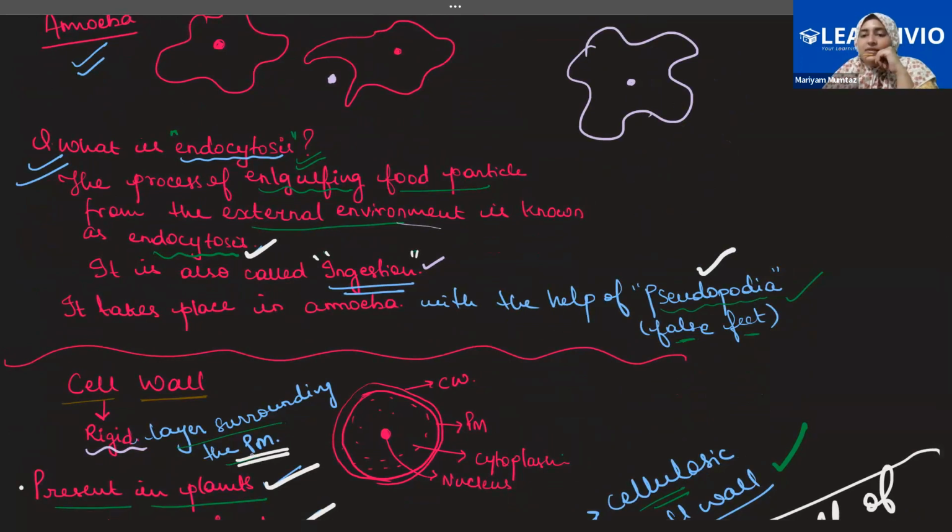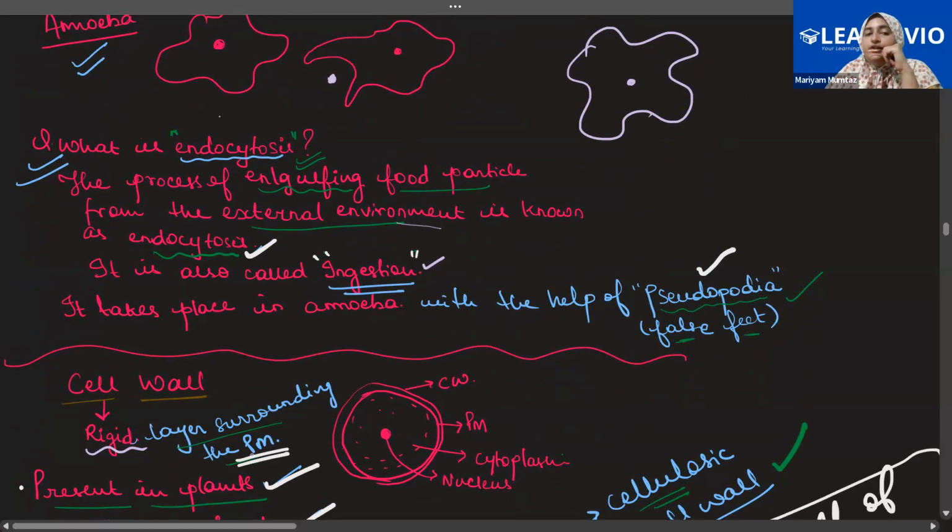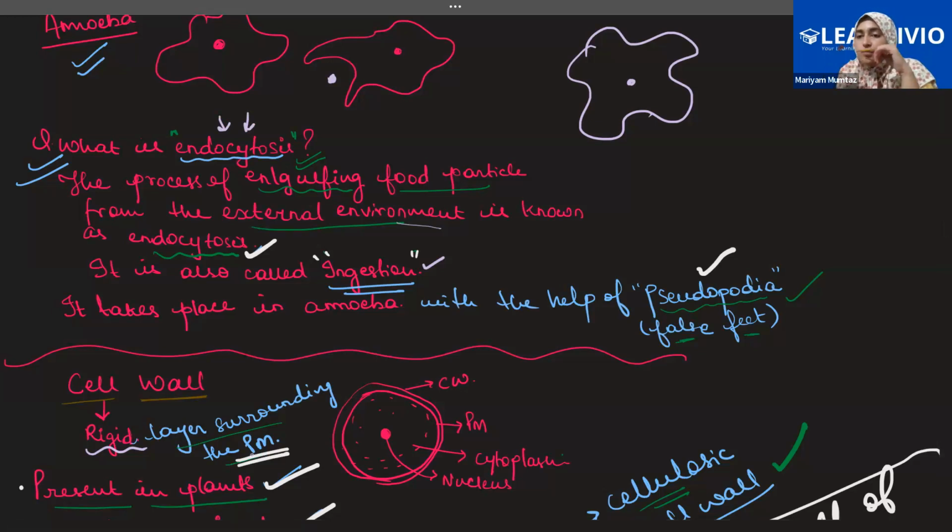Now, amoeba have a property of doing endocytosis. This is the process wherein whenever food comes near amoeba's body, meaning its cell structure, it draws out its pseudopodia, takes the food and engulfs it, meaning takes it inside.